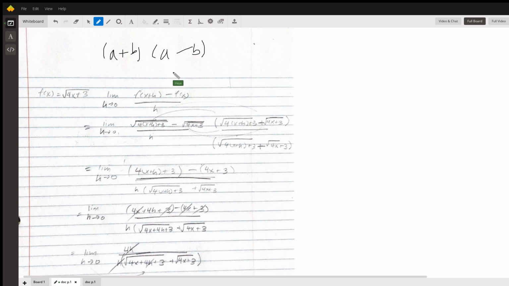This turns into a squared minus b squared, because we want our first term and our second term to get rid of the radical, and we don't want a middle term. So this is going to give us an a squared and a b squared, which gets rid of these roots, which is good.